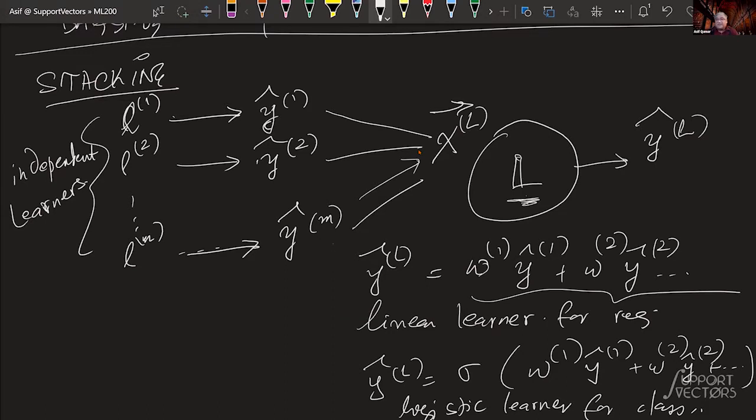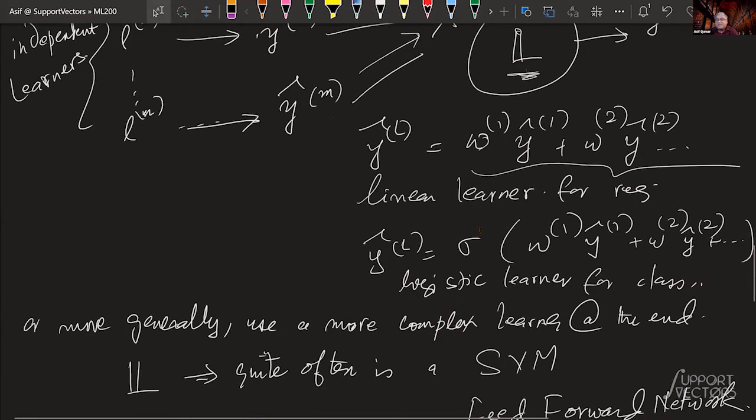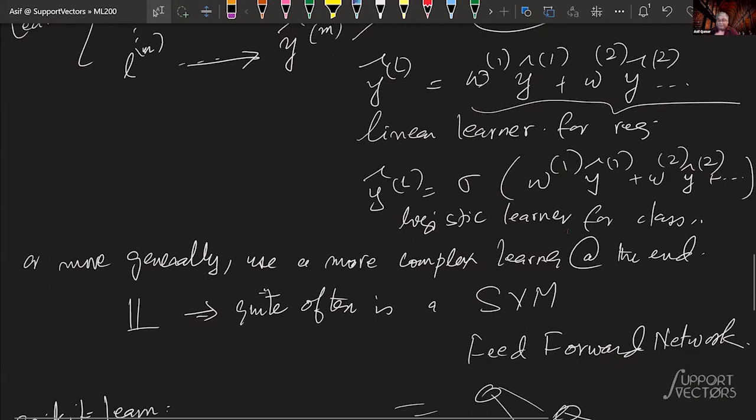When you do that and then make a final prediction, the most obvious example would be just a linear combination, some weighted combination of the predictions of the other learners, giving more weightage to a learner you trust more and less weightage to another learner. For regression you could do that; for classification, you can do some sort of a sigmoid of that.